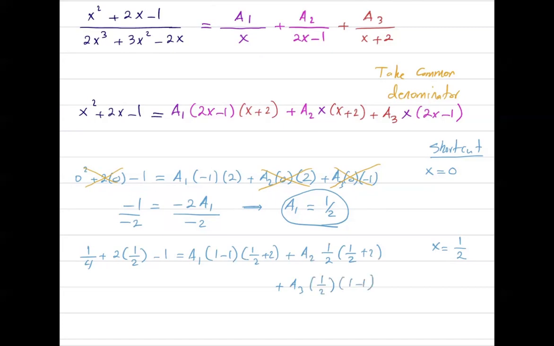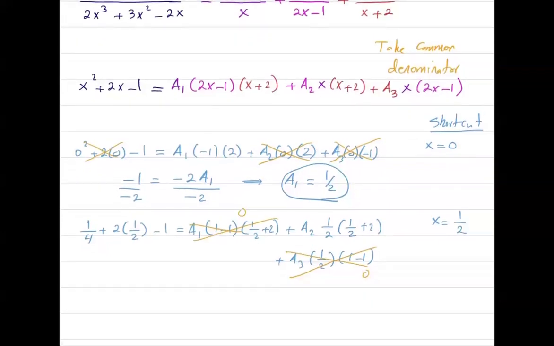But again, please note that here you end up with some zeros. On the left-hand side, we have a fourth. So you get 1 over 4 equals a sub 2 times a half times 5 divided by 2. You can get rid of these denominators. So a sub 2 is equal to 1/5.